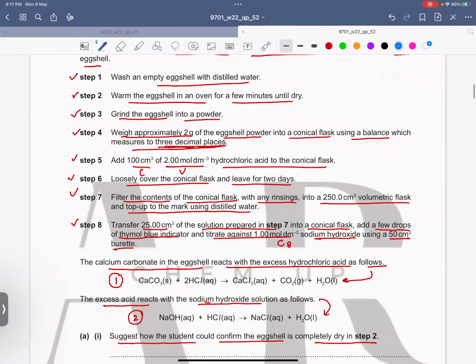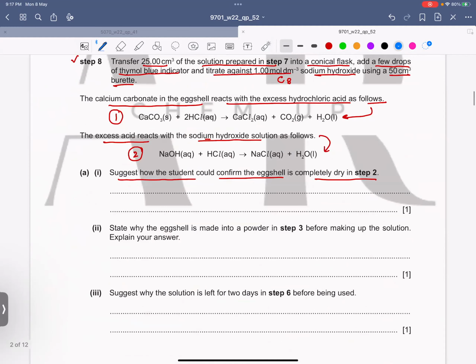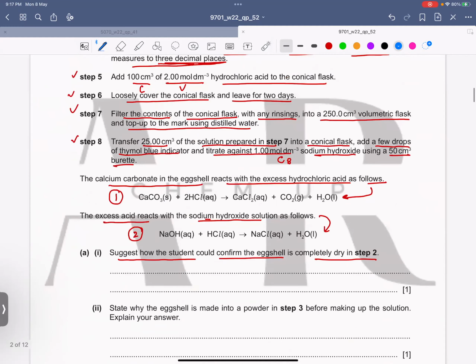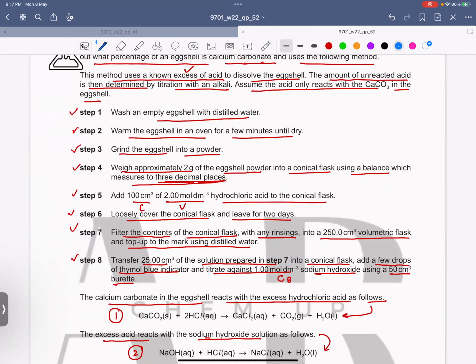Have a look at step 2. See, they have said warm for a few minutes. Yes, very good. So they haven't mentioned that we are reheating. They have just said a few minutes.